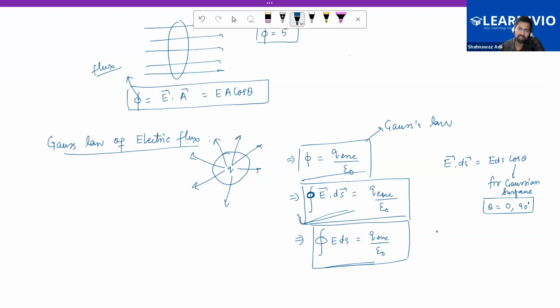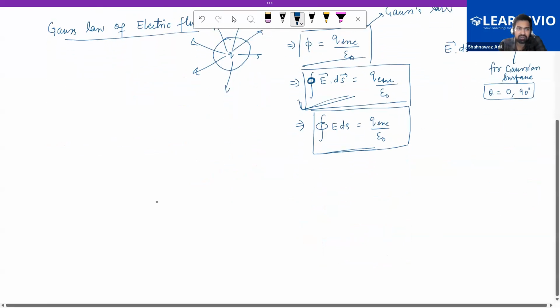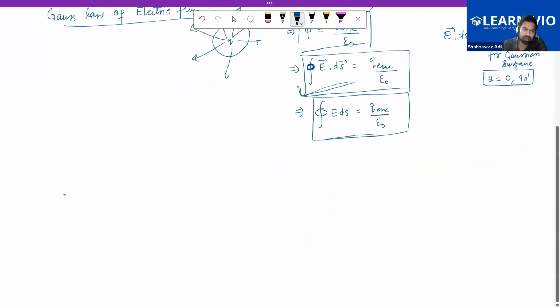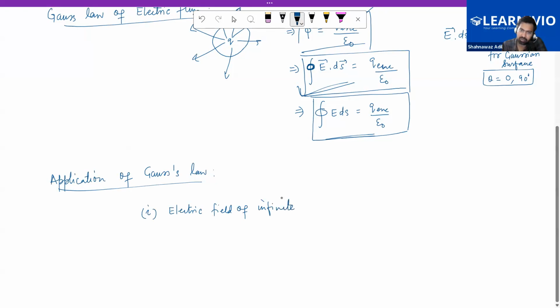Yes, sir. And using this Gaussian surface, using this Gauss law, you have derived the electric field of an infinite wire, right?